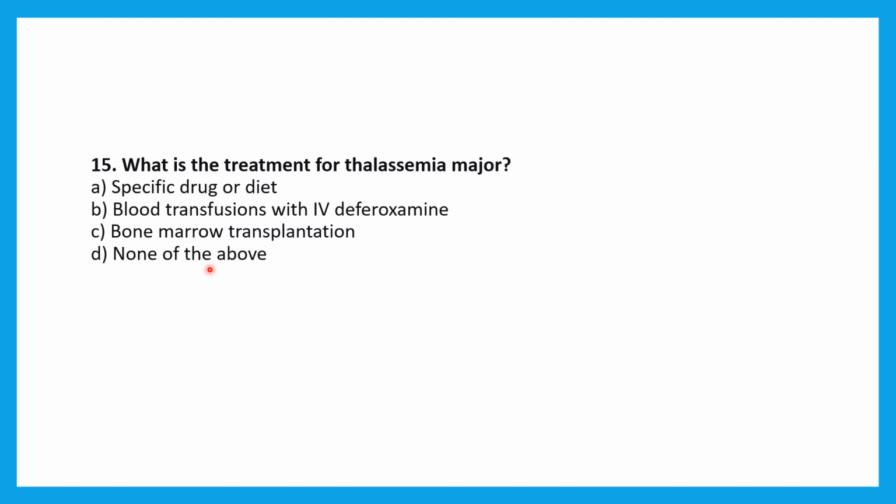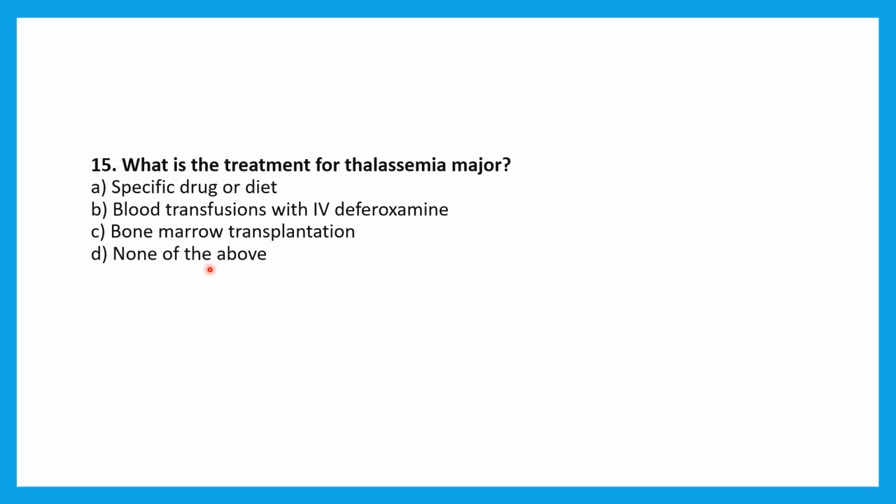What's the treatment for thalassemia major? So question number 15, the mainstay of treatment is regular blood transfusions to correct anemia. This leads to iron overload, and this iron overload is managed with chelation therapy, like intravenous deferoxamine, and of course bone marrow transplant can be curative.